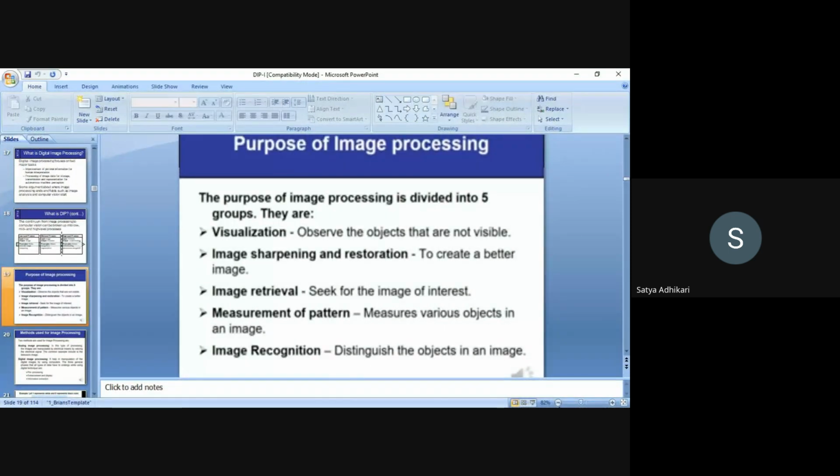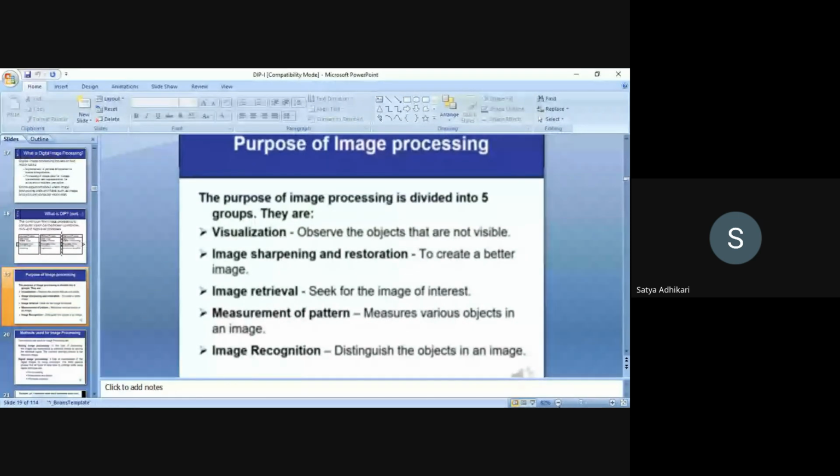As we discussed, some pixels may be spurious, some pixels may have lost their original values, because when an image is sent, suppose you are sending an image to your friend, and it is transmitted over a large distance, it may be affected by external parameters like a magnetic field or an electric field, and its quality may be affected. That can be adjusted and modified.